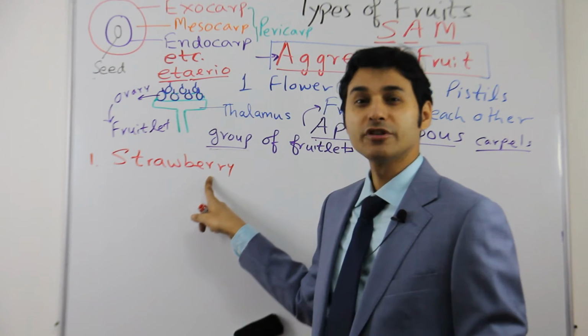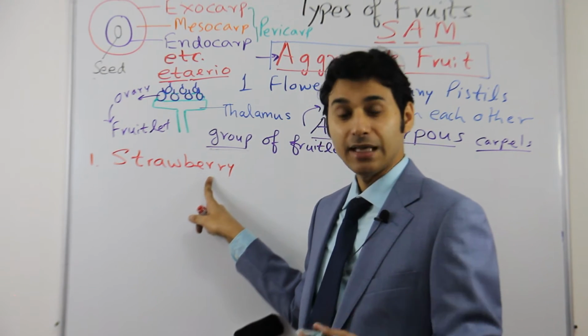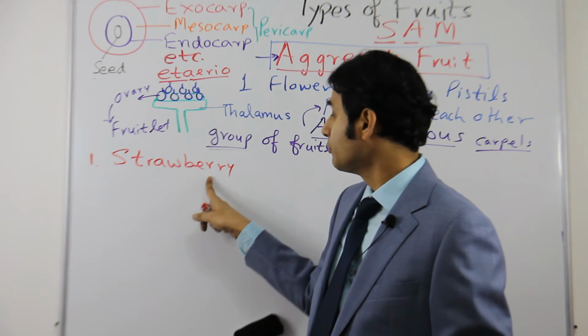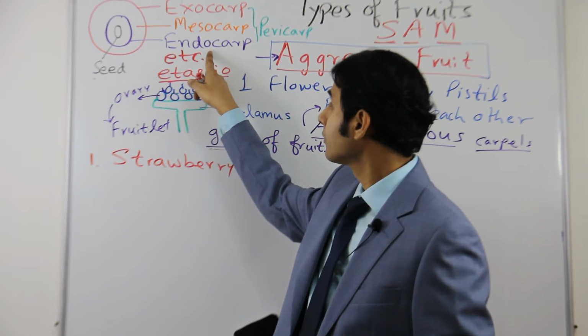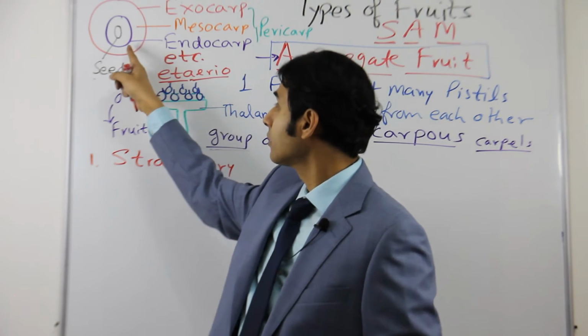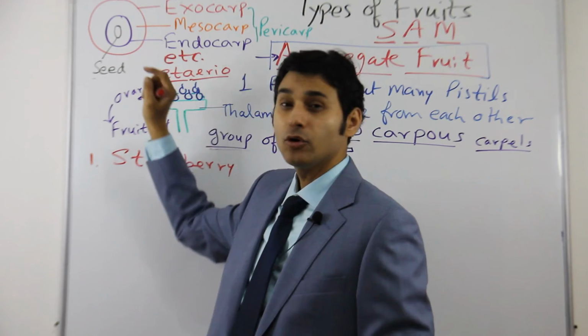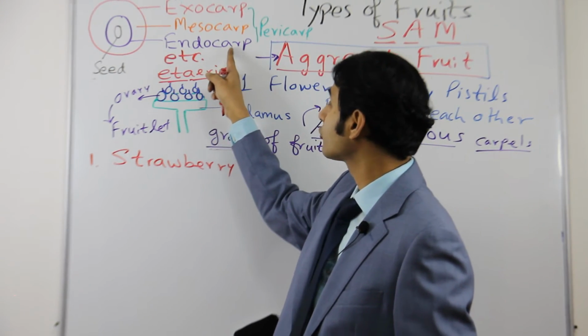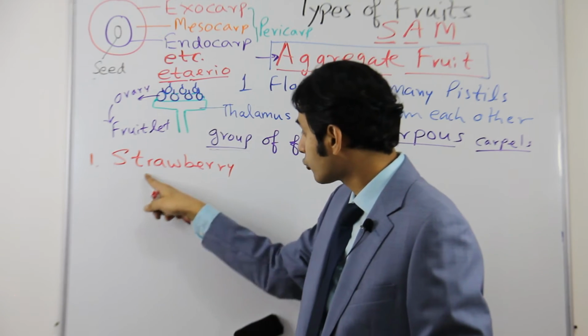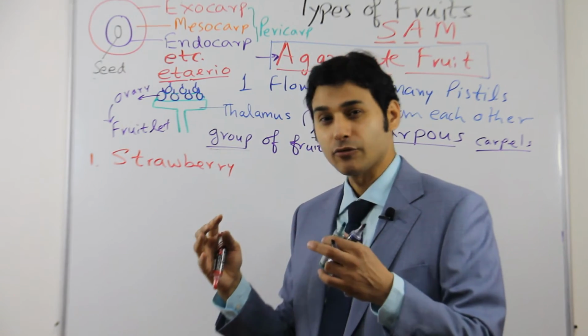It's a fleshy fruit, where the mesocarp is entirely fleshy, and the endocarp, which is the portion which has seed inside, is soft, not hard. Endocarp is hard and stony in drupes. Strawberry is an aggregate fruit.